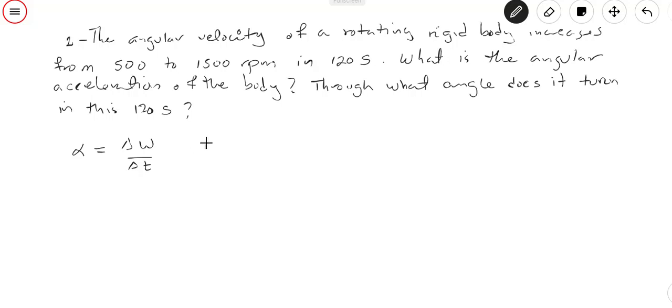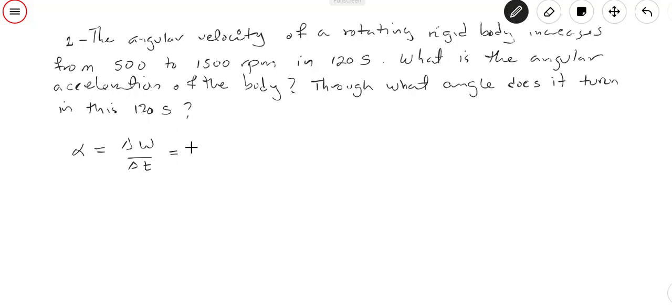Now, in this case, we know the number of revolutions per minute. So if I want to find the angular velocity given the number of revolutions per minute, I have to make some unit conversions. Let me show you something. I'm going to start using the revolutions per minute to find the variation in angular velocity, and later I'm going to do the conversions.